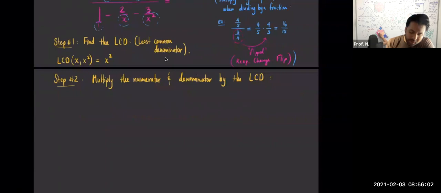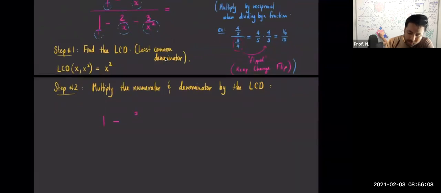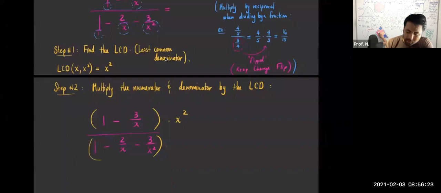So in my numerator, I have 1 minus 3 over x, all over 1 minus 2 over x, minus 3 over x squared. Then I'm going to take this whole thing here and multiply it by x squared, and take this whole thing here and multiply it by x squared. Do you see that?